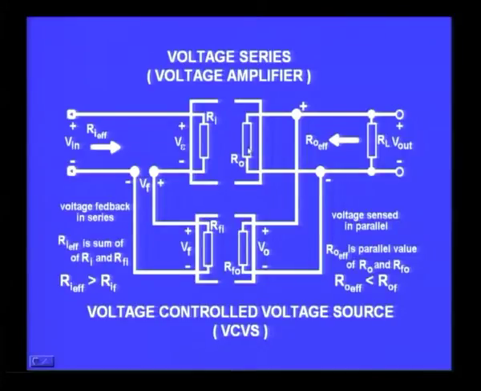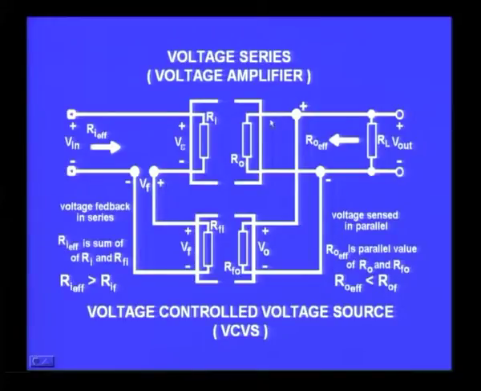So these two resistors, when you connect in parallel, you know what is going to happen. The effective resistance is going to be the parallel value of these two resistors. You know the parallel combination of two resistors is always less than the smallest in that group. So you can never get R0, you will always get a value which is less than R0, the effective resistance.